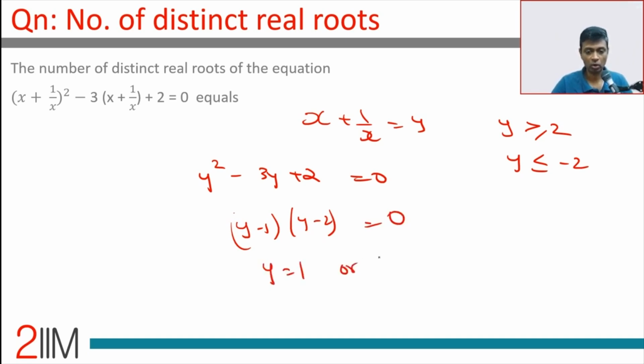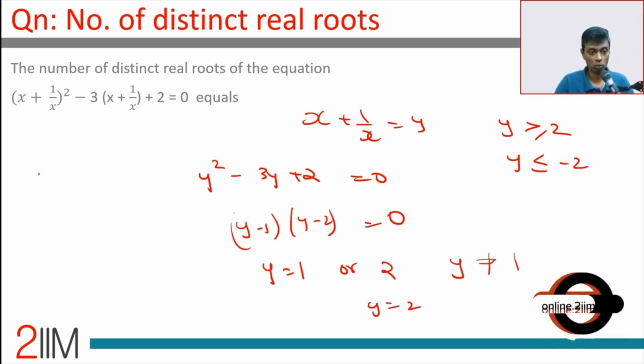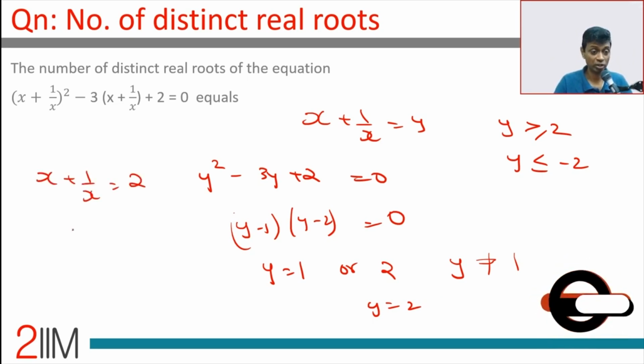Y is 1 or 2. Y cannot be 1. X plus 1 by x cannot be 1. So y has to be 2. X plus 1 by x equal to 2 has only one solution, x equal to 1.